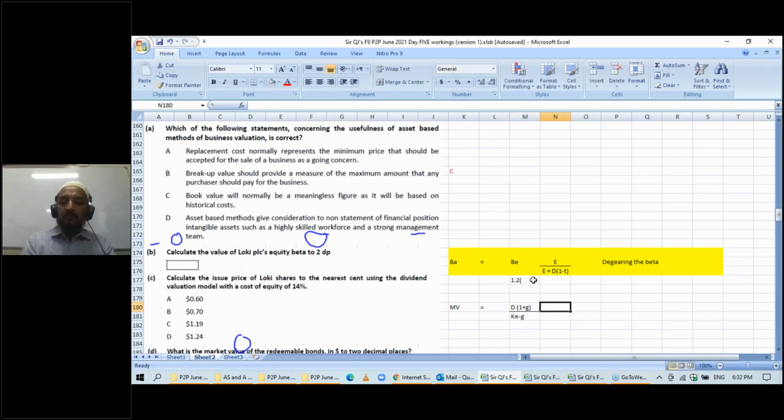So if you read the question properly, now we are calculating the ungeared beta. So 1.2 multiplied by E, value of equity of Q company 2, divided by 2 plus the value of debt, which is 1, times 0.7 after deduction of tax rate.